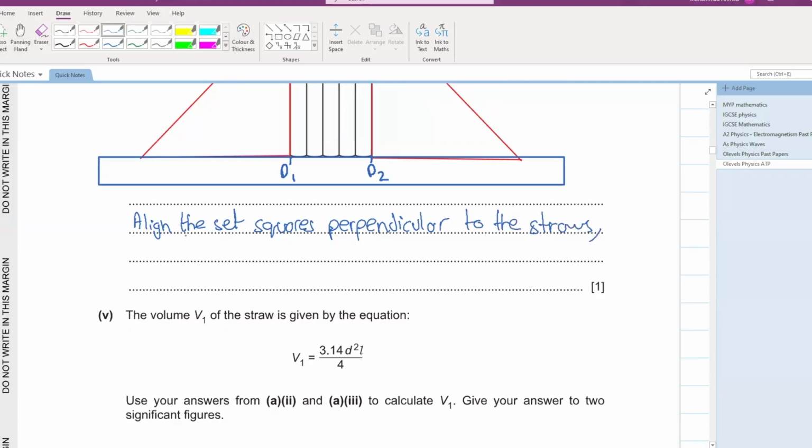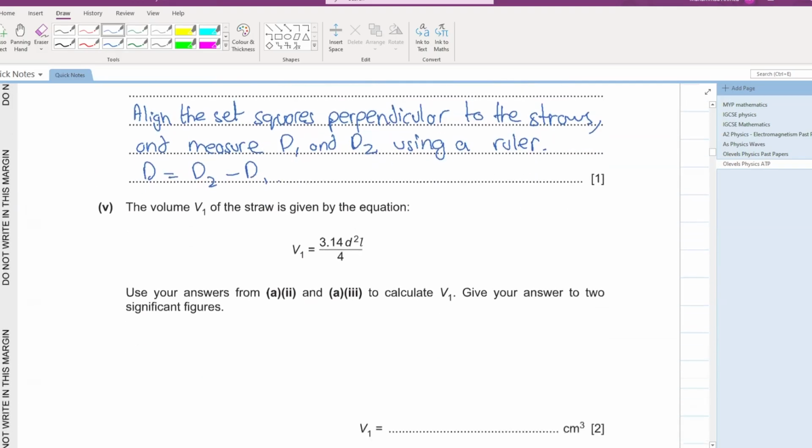Align the set squares perpendicular to the straws and take a ruler and measure D1 and D2 using the ruler. Simple. What will you further say? D is equal to D2 minus D1. Simple. This is what a good student will write here.